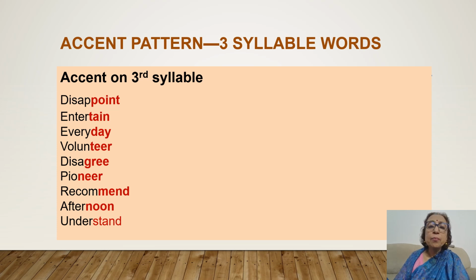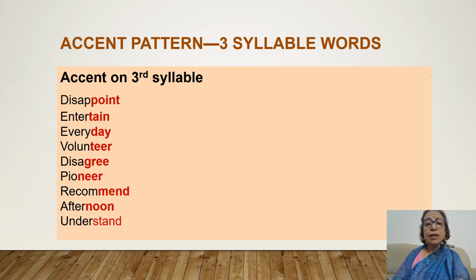Pioneer. IO is written, but it is two distinct vowel sounds. So you have pi, o, two syllables. Near, pioneer. Near is what is stressed. Recommend, mend is what is stressed. No stress. Afternoon, after, two syllables, no stress. Noon, stressed.